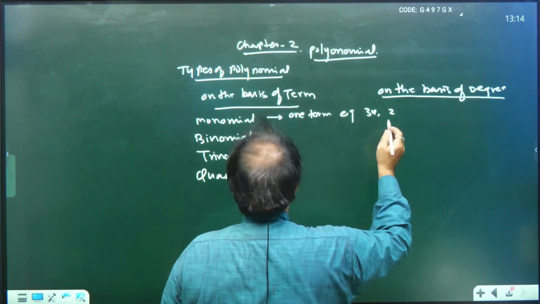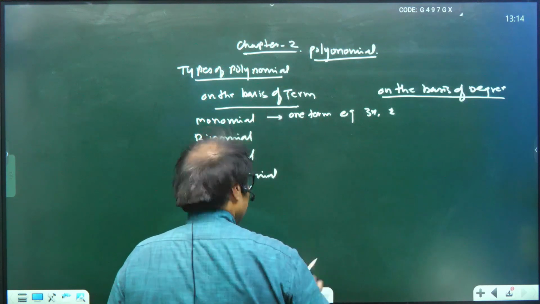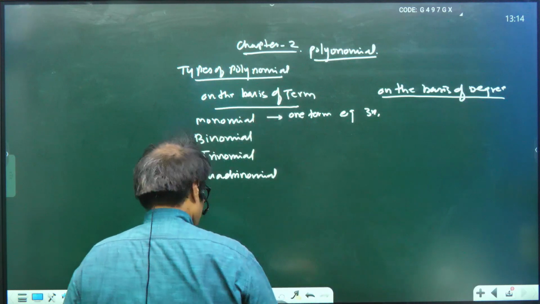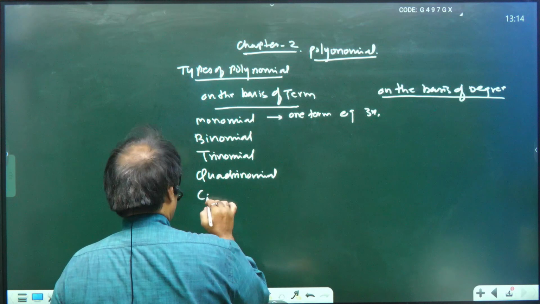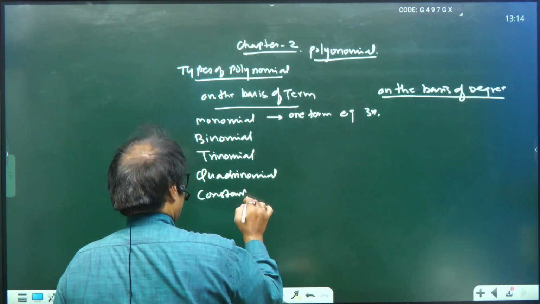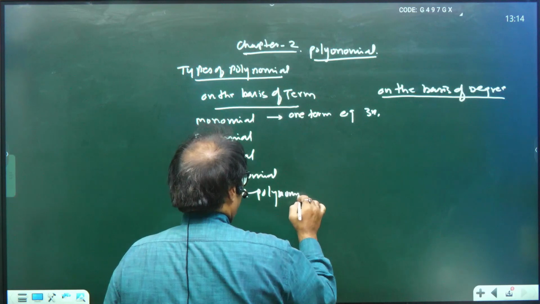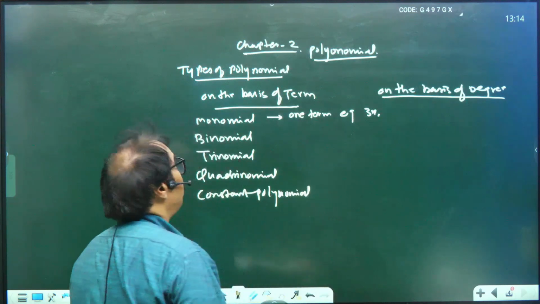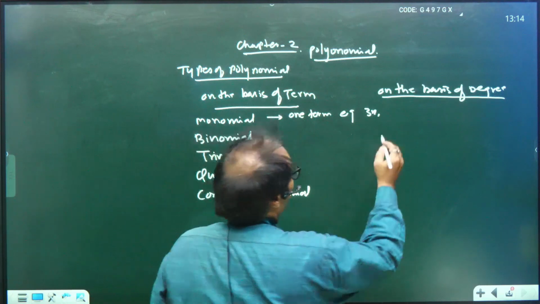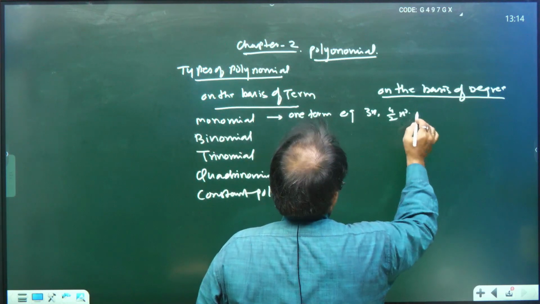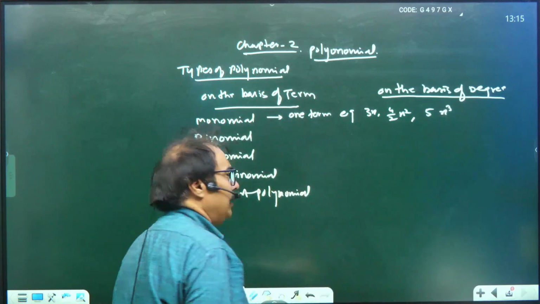This is a constant polynomial anyhow, so we will write constant polynomial separately. One term, there will be no plus or minus sign. Or it may be 4 by 2x square, or 5x to the power 3. Only one term is there.